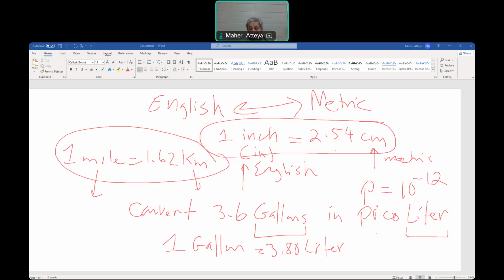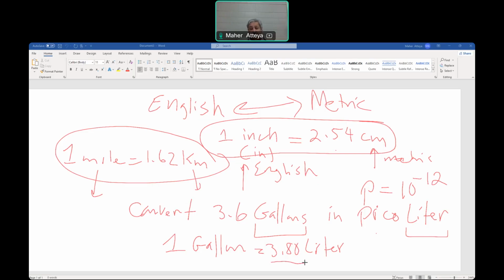It's 3.7 something, 3.78. I just put 3.80 for all the countries. So 1 gallon of milk is about 4 liters, just roughly, not exact.